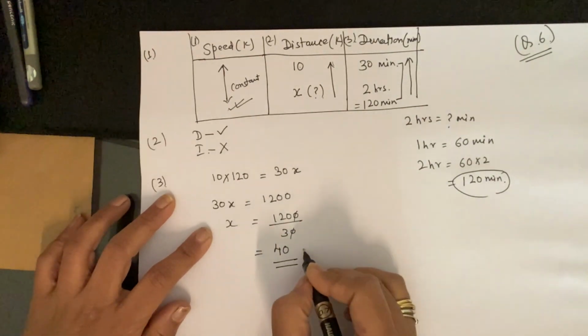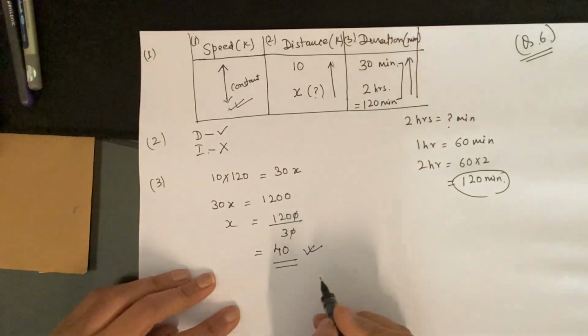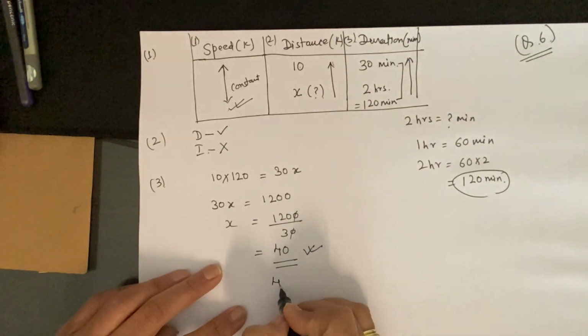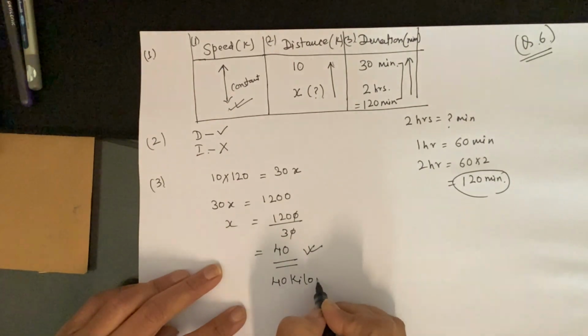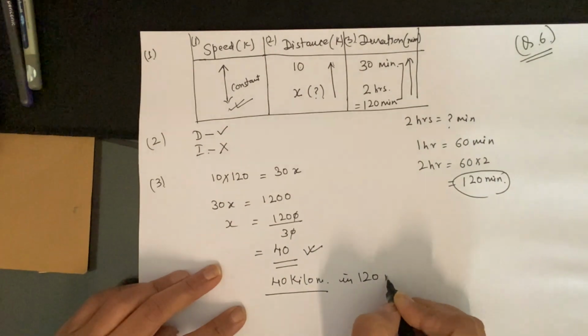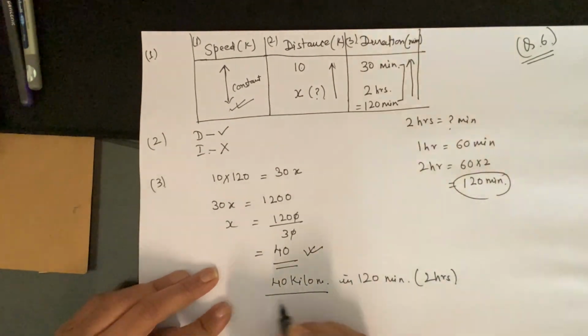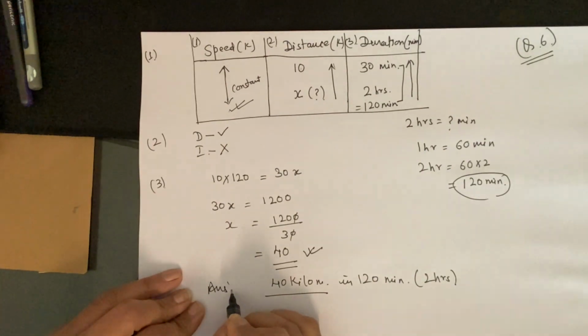So this will be your answer: the cyclist will cover a distance of 40 kilometers in 120 minutes, that is 2 hours. So you will write your answer like this.